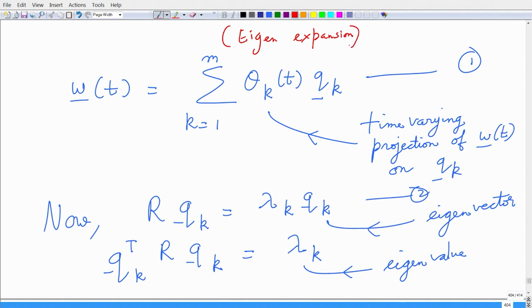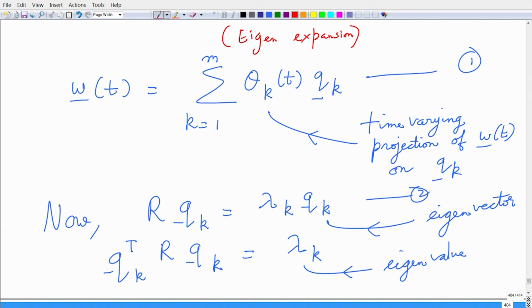The q k's are my eigen vectors, and I need to have coefficients or scalars before these eigen vectors, and these scalars can be realized as a projection of W of t on q k, right, and let that be theta k of t, which is basically a time varying function.